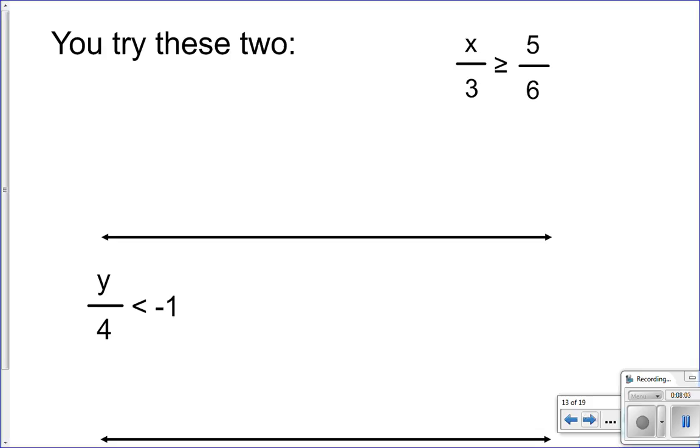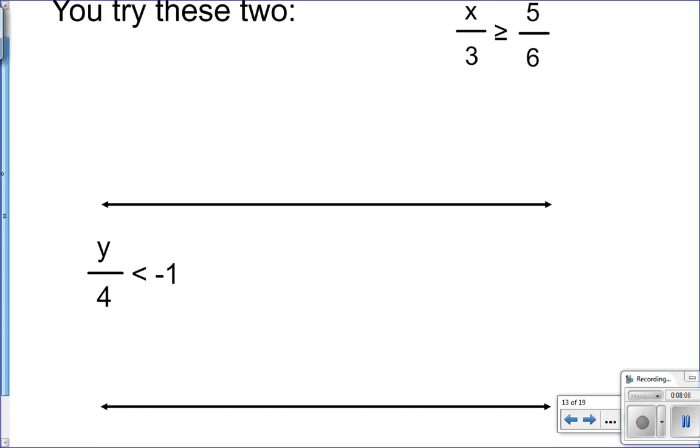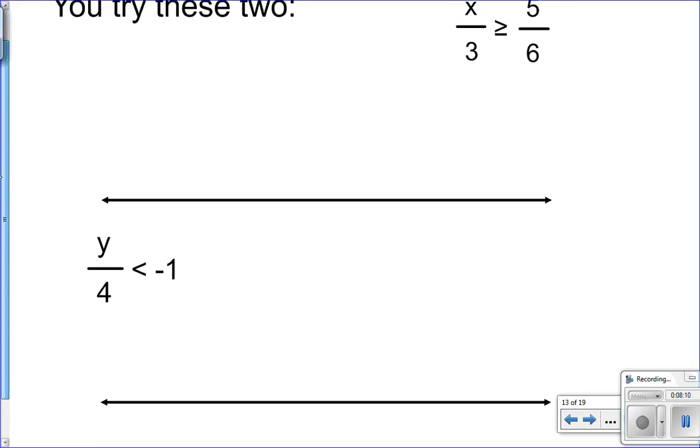Try these two. x divided by 3 is greater than or equal to 5/6, and y over 4 is less than negative 1.